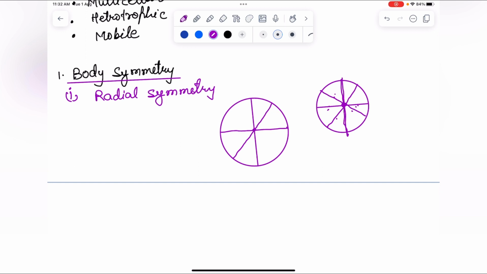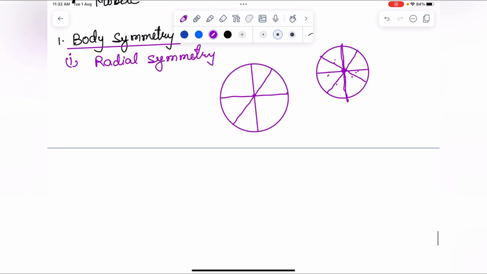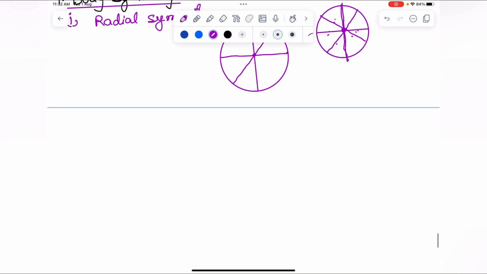Next is bilateral symmetry. In bilateral symmetry, the body can be divided along the median longitudinal plane into two mirrored portions, right and left halves. If we take the example of human beings, we can cut them from top to bottom, so the animal can be divided into right and left halves.